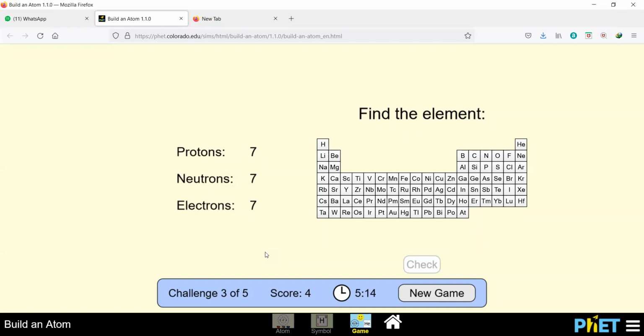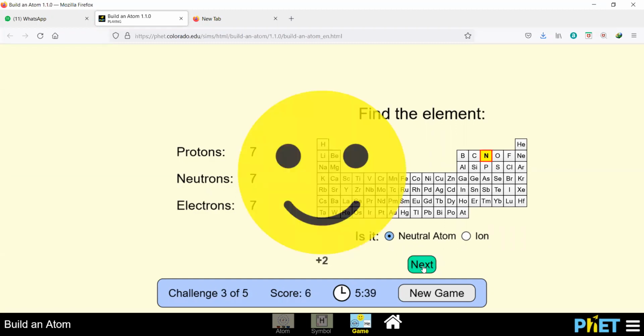Okay, 2 and 5. So they are in group 5, right? So what will it be? 3, 4, 5. Right? And then second period. Is it a neutral atom or an ion? It's a neutral atom. Yes, neutral atom. Very good.